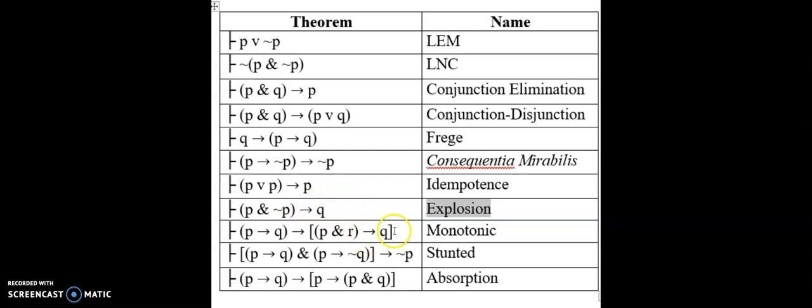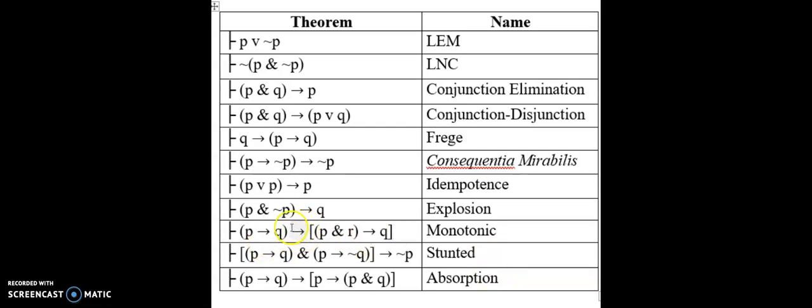The other one I want to draw to your attention here, and I highly encourage you to discuss these with your instructor, is monotonic. This one looks pretty bad, but this is actually indicating something very deep and profound and very important. And so if you don't encounter this anywhere else, it's good that you encounter it here.